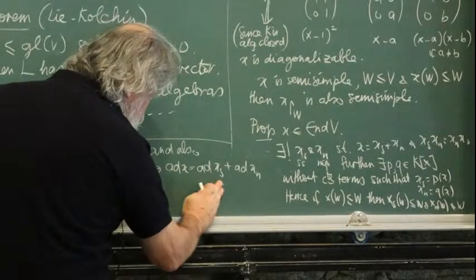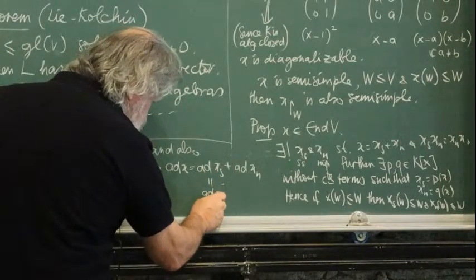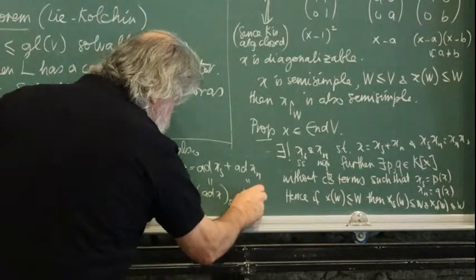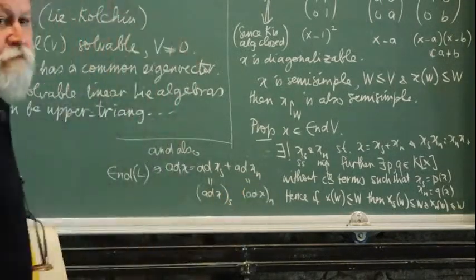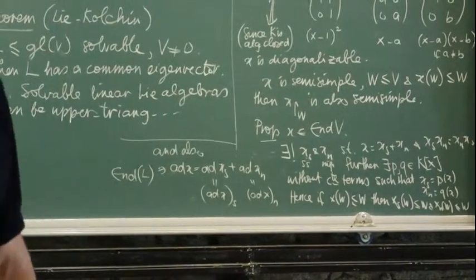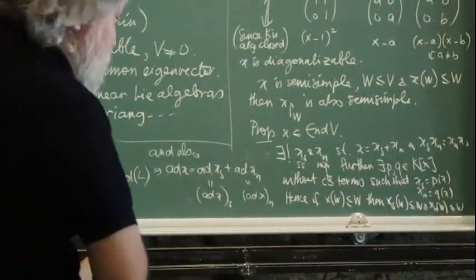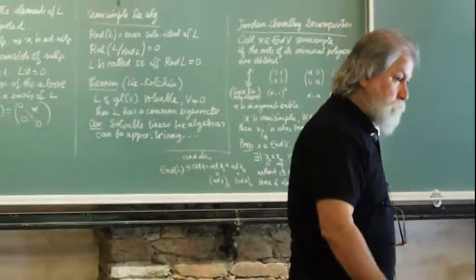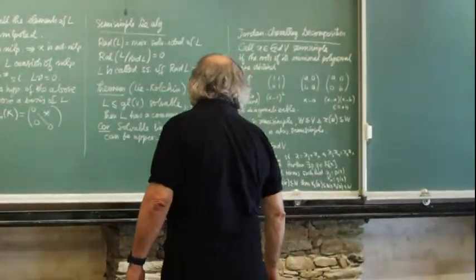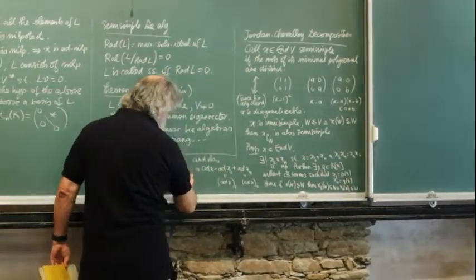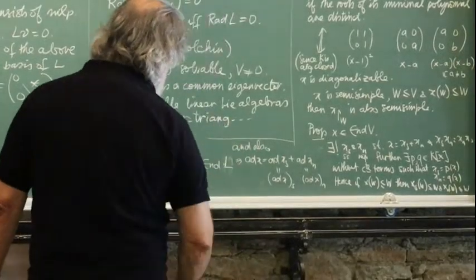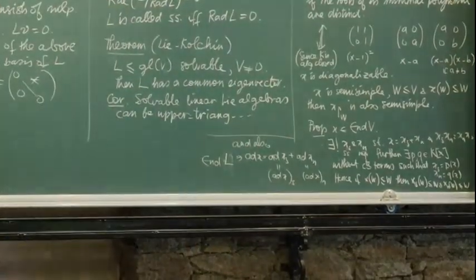This is equal to ad X S, and this is equal to ad X N. This is X bracket Y, ad X of Y.